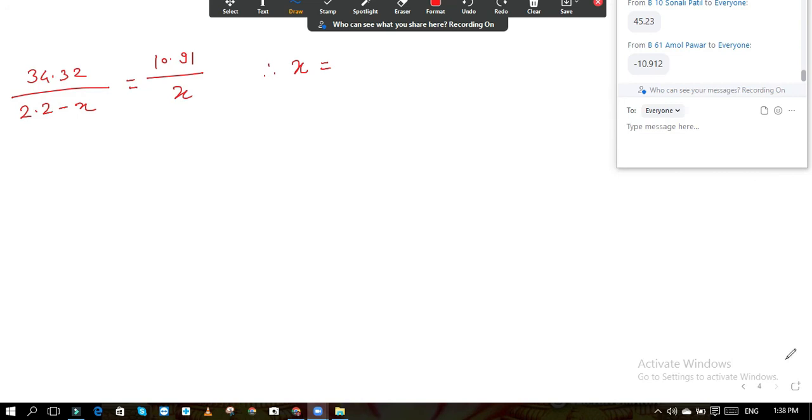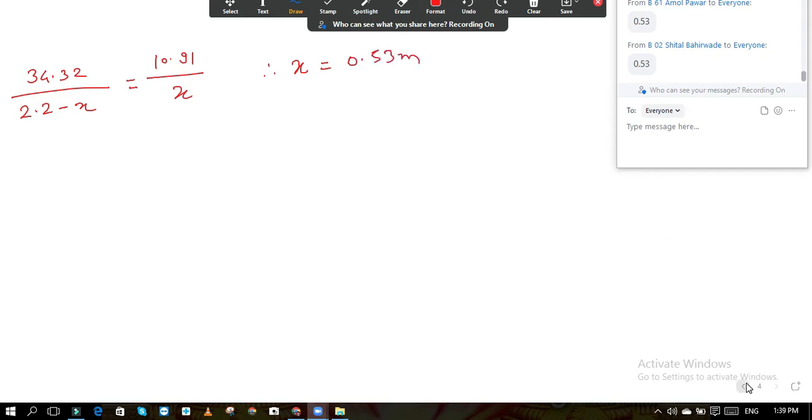Let me know the value of x. 0.53. Okay. So x is equal to 0.53 meter.